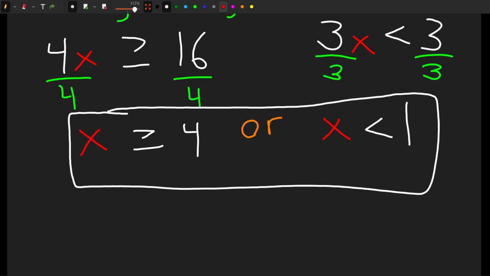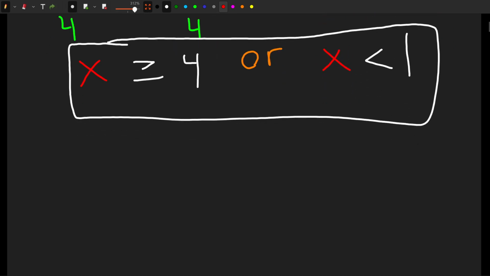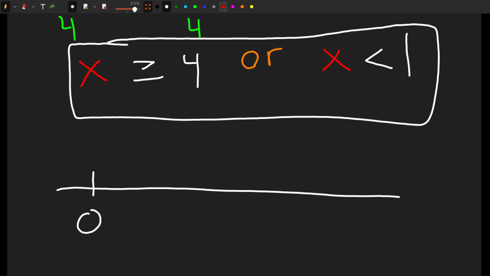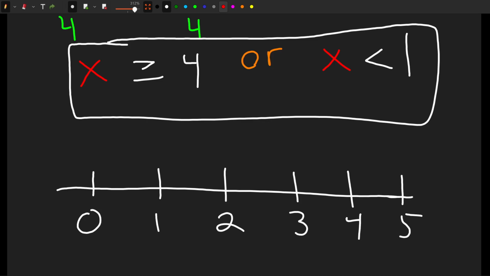There's also another way to represent this solution, which is using a number line, which can look something like this. If this is 0, here's 1, here's 2, 3, 4, and 5. And obviously our number line continues on in both directions.